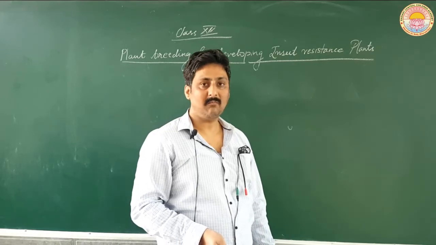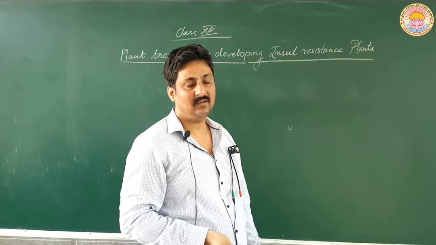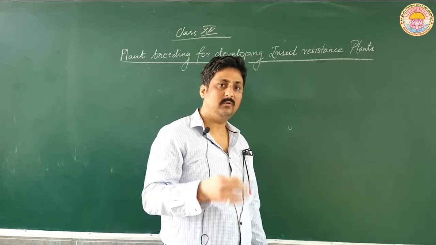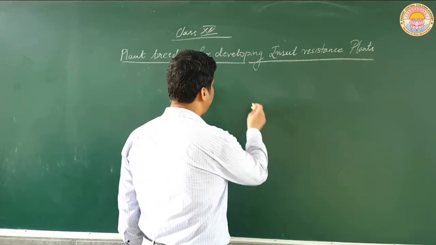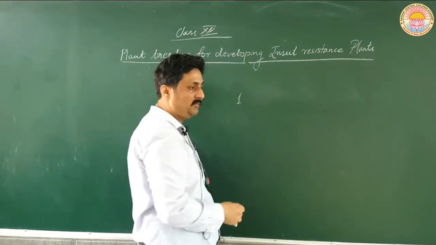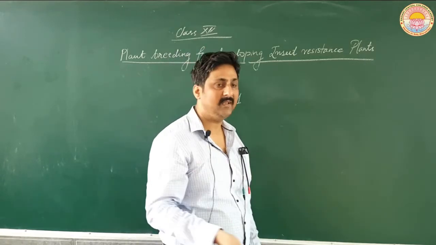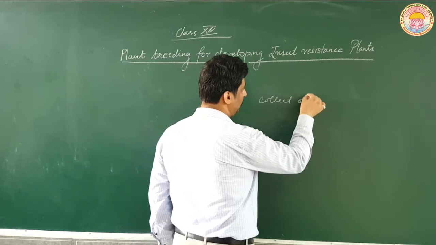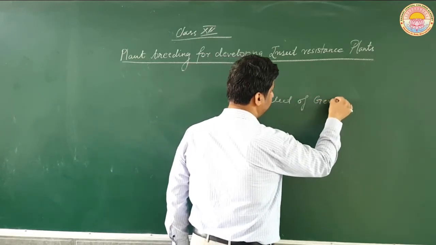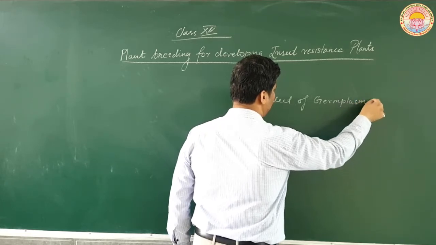Now there are certain points which are common in any plant breeding, and I have already told you in my previous lecture, but yes, I will be repeating it. First is collection of germ plasm, or you can say collection of variability. Collection of germ plasm is important.